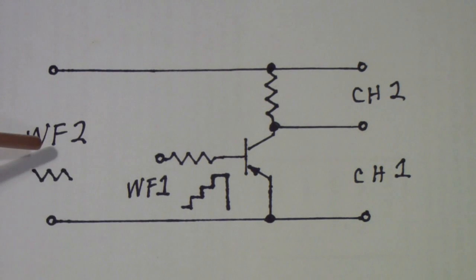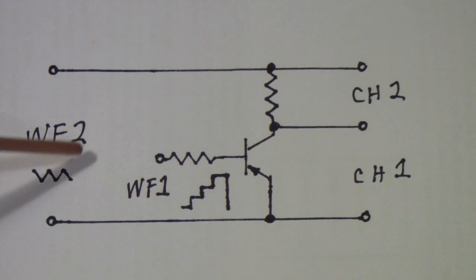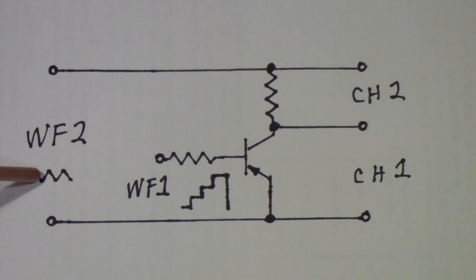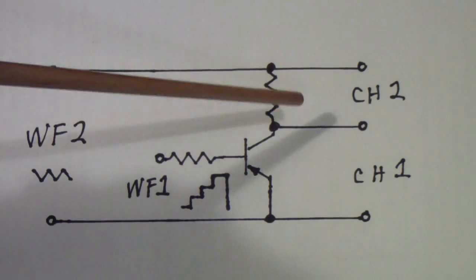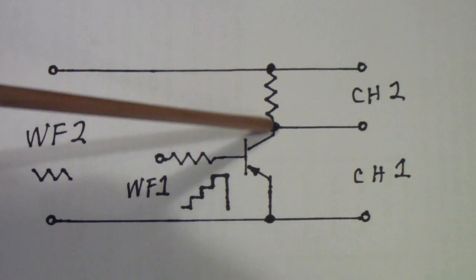So, for example, if you set a 2 volt voltage for your waveform generator and then you offset it by 2 volts, that means you'll be going not from plus 2 and minus 2, but rather from 0 to 4. So this triangle will be going from 0 to 4 volts. That voltage is being applied across the transistor and the resistor in combination.